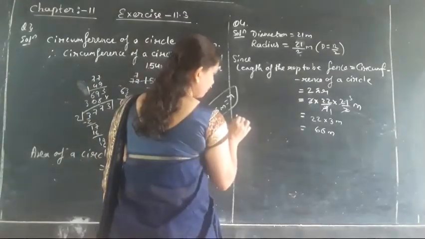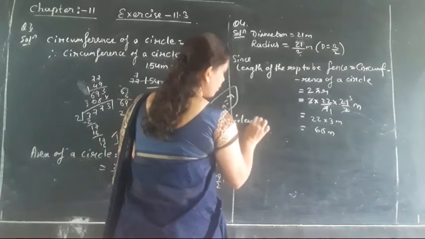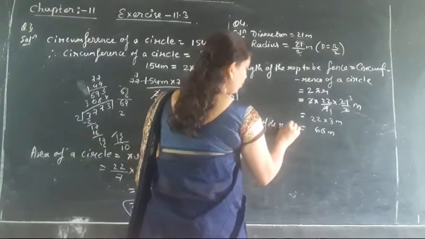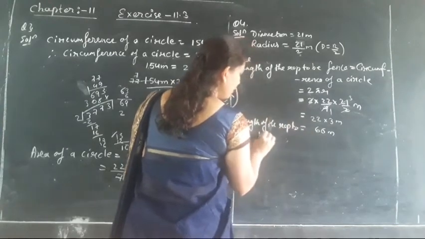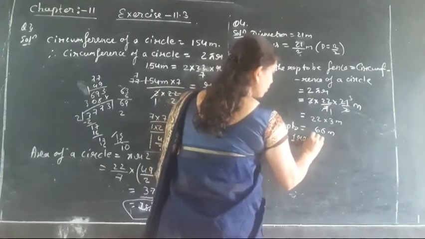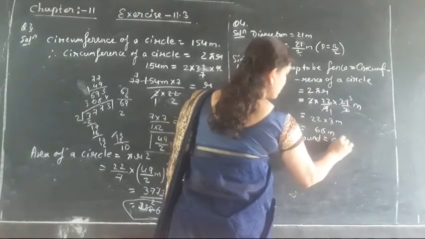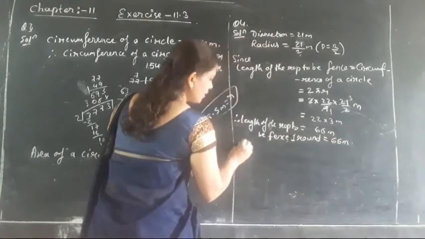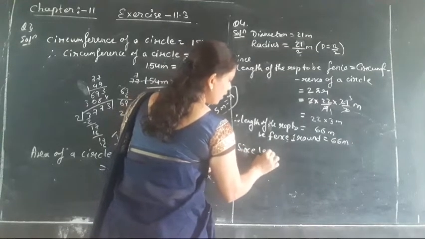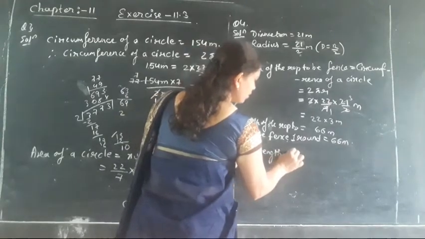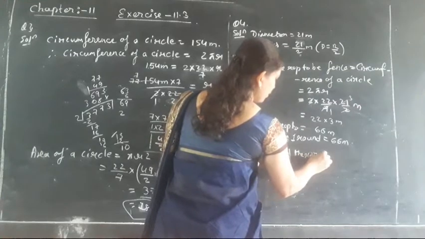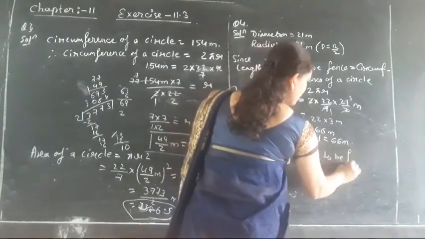Therefore, length of the rope to be fenced one round is equals to 66 meter. Now, as it is said in the question, since it is said in the question, what is said? Length of the rope to be fenced.